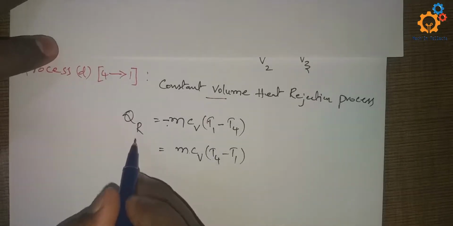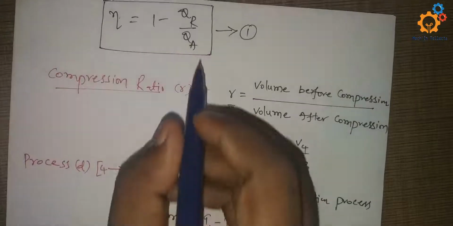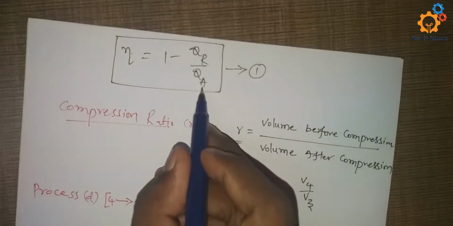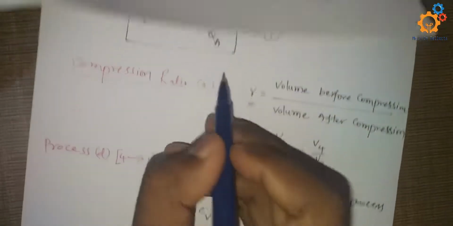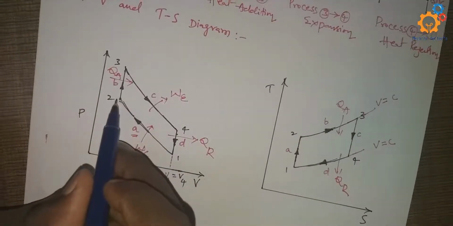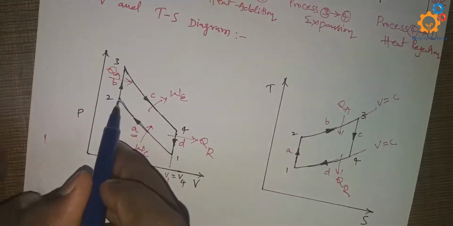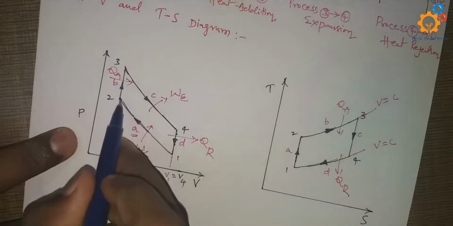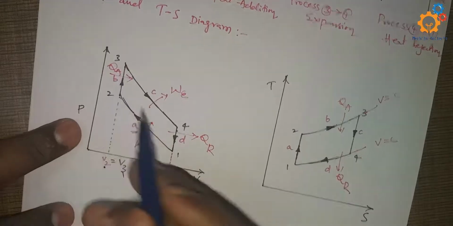This will be QR. And then what is QA? QA is a heat addition process in process 2 to 3. This is also constant volume heat addition process, that is process B, right?